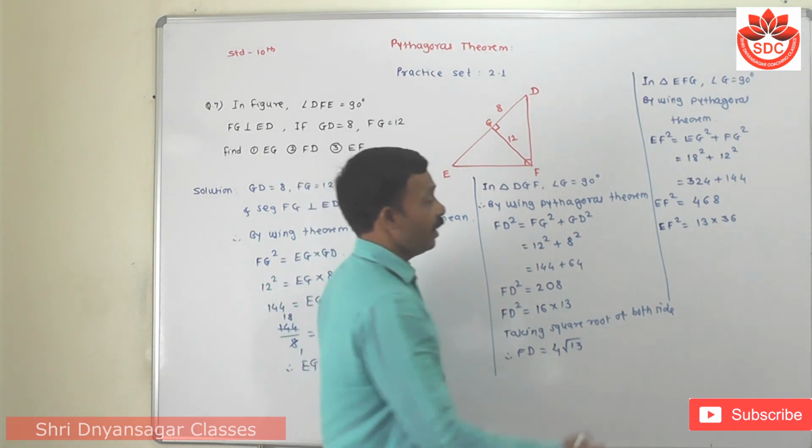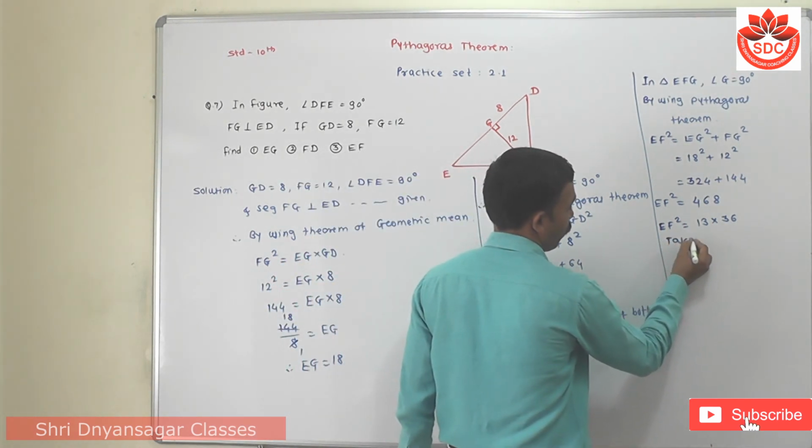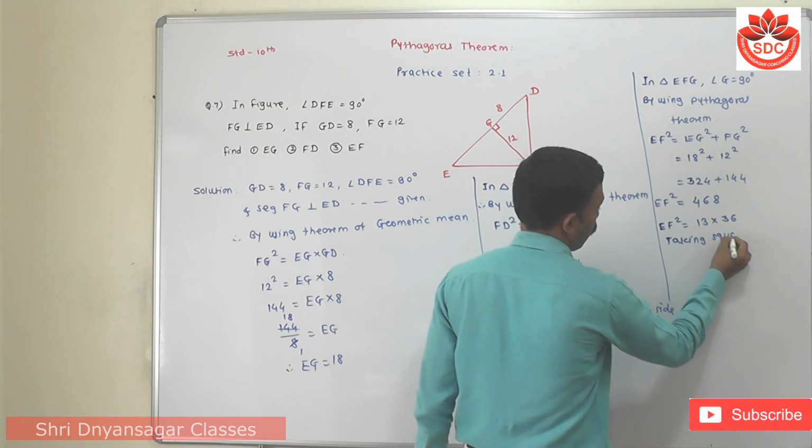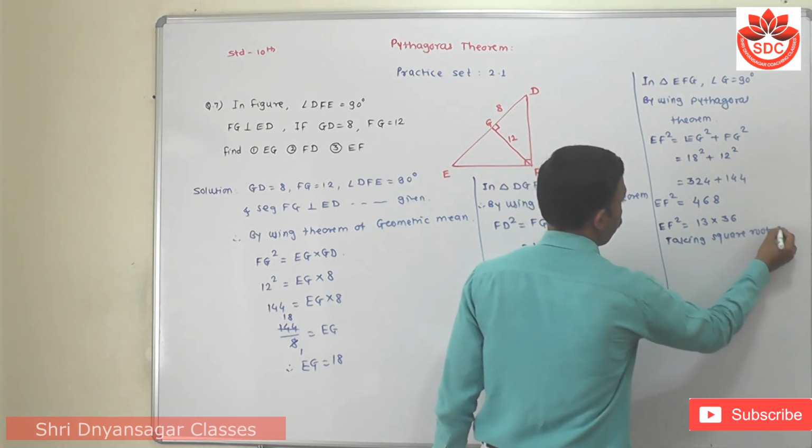Then we take its square root, taking square root of both sides.